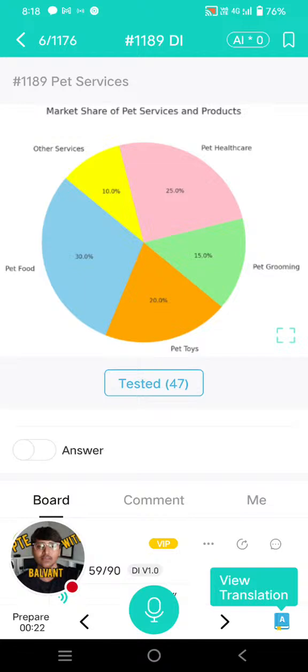So the main topic of this image is about pet services. Market share of pet services and products is the main topic of this image.